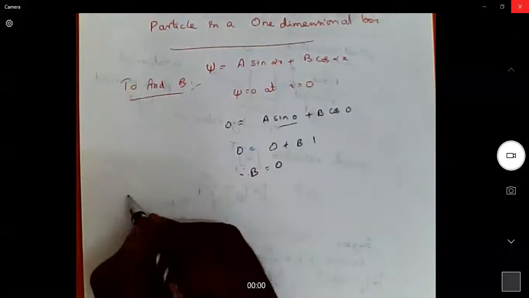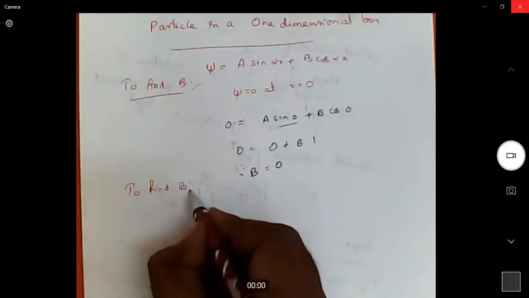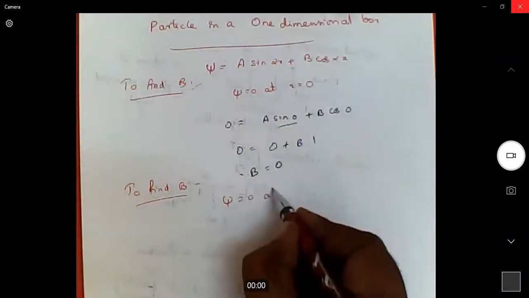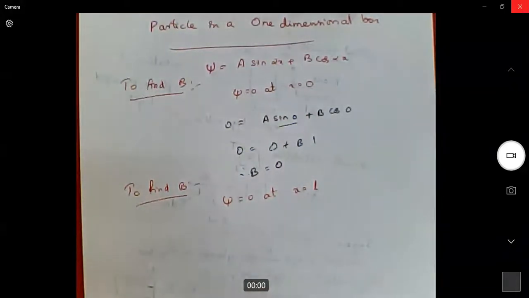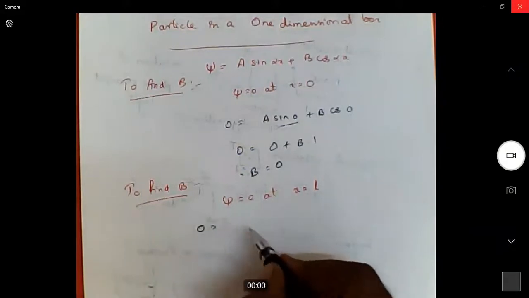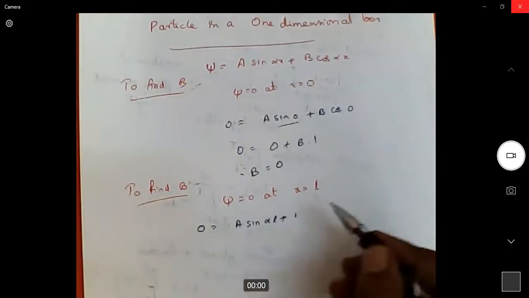Now to identify the value of A, we have again substituted psi is equal to 0 at x is equal to L. Therefore psi is equal to 0 at x equal to L. A sin αL plus B is not there, right?